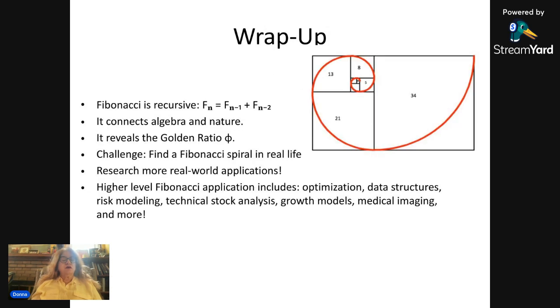In summation, we would talk about Fibonacci as a recursive formula and how it is symbolically derived as a sequence as well as a formula. We would talk in more depth about how Fibonacci numbers and sequences and ratios are connected in algebra and nature, and then it is tried to replicate it in art and even music and other areas as well.